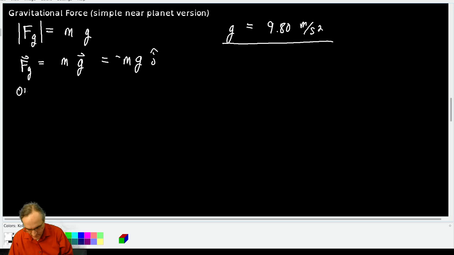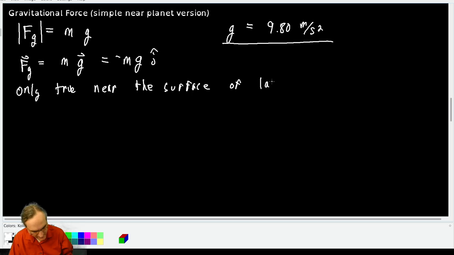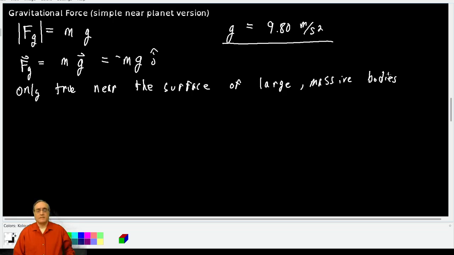This is only true near the surface of large, massive bodies. So basically, when you're someplace like the surface of the Earth.